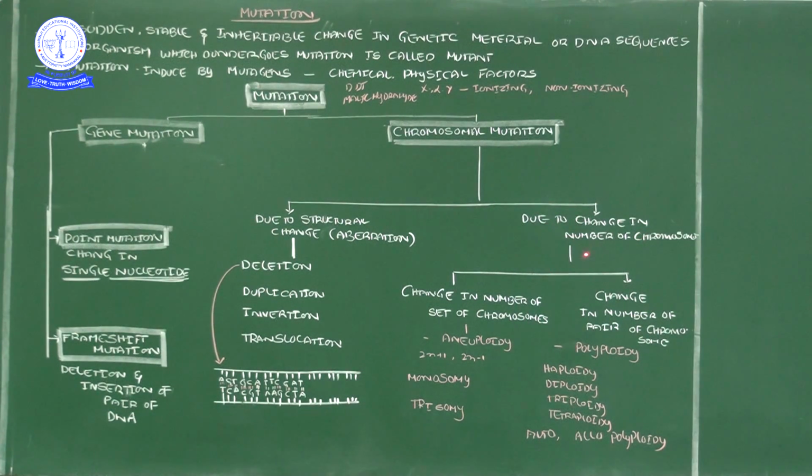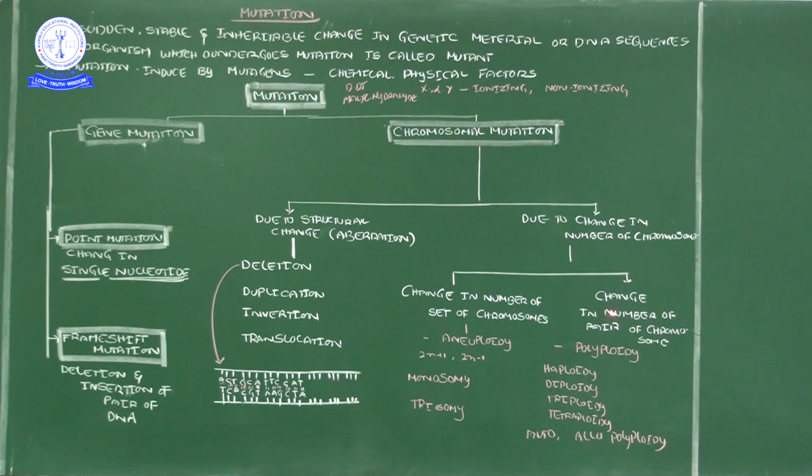And then due to the change in the number of chromosomes, now structure of chromosome does not get affected here, change happens in the number of chromosomes, whether increase or decrease. Now here due to the changes in the number of chromosomes, again it is divided into two types. One is a change in the number of sets of chromosomes.